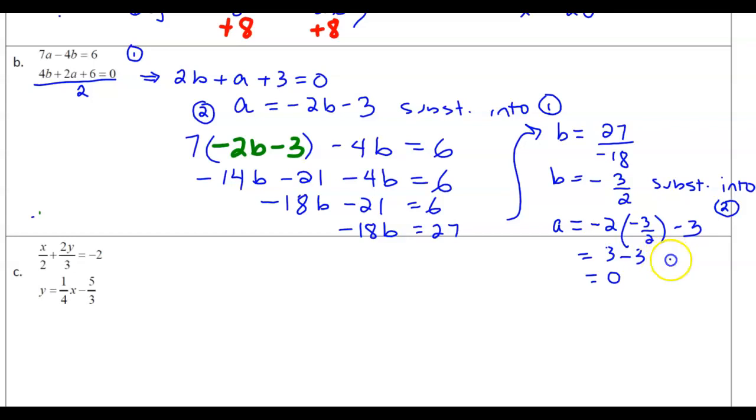Okay, so then here, now this one, we're not used to a's and b's. So you could write a equals, b equals together, or as an ordered pair, put it in alphabetical order. So 0, negative 3 over 2.